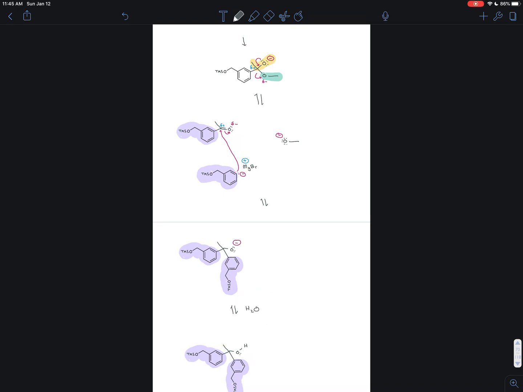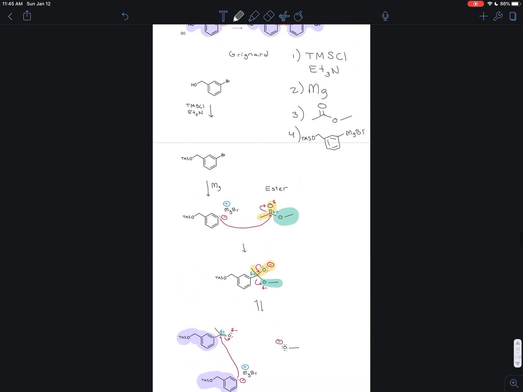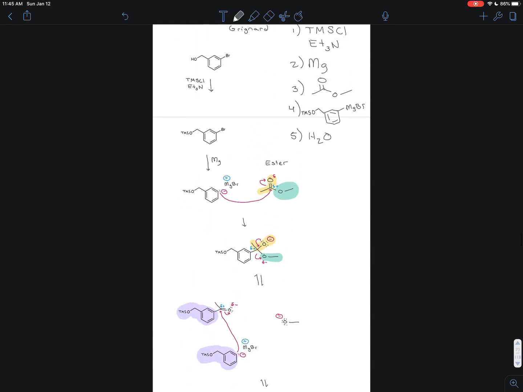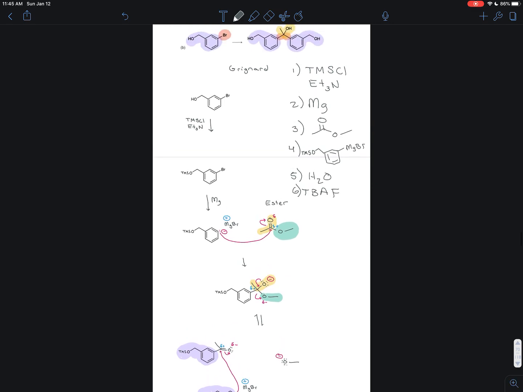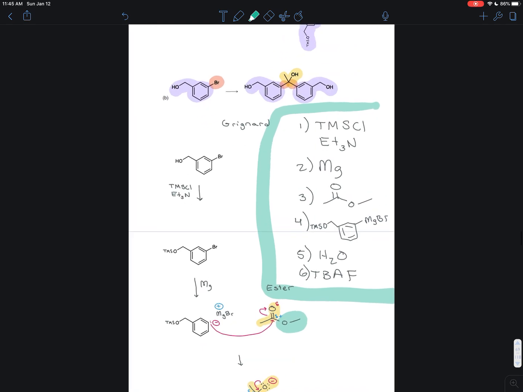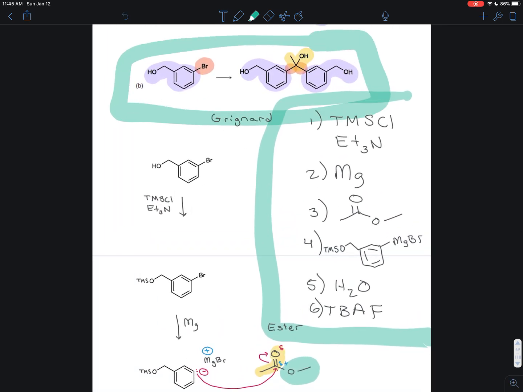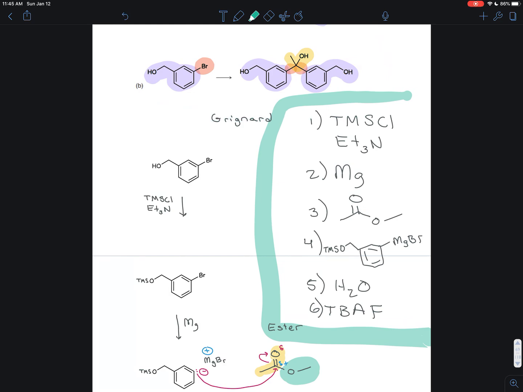Then we use water to stabilize the negative charge on that oxygen. And finally, we remove the protecting groups with TBAF, tetrabutylammonium fluoride. So this is like Grandma's home cooking recipe for how to make this transformation happen. And so that would be the solution for this one.